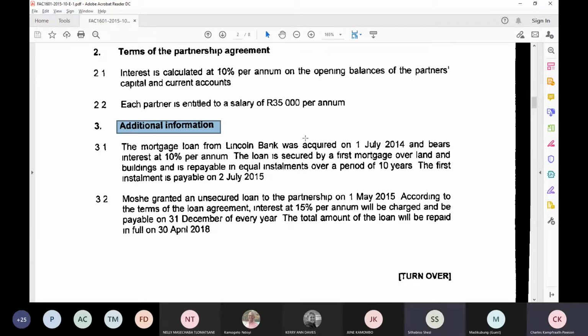The mortgage on the loan was acquired and bears interest at 10% per annum. So we can assume that it has already been calculated and taken into account. Everybody happy with that? Does that mean then, Charles, that you wouldn't include that interest for the mortgage under your current liability? Because with the loan from the partner, we included the interest for the 2 months on the current liability. So in this case, do we not include it because the interest has already been accounted for?